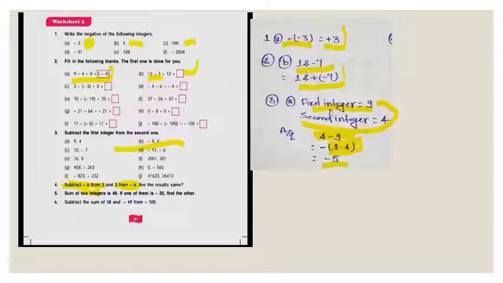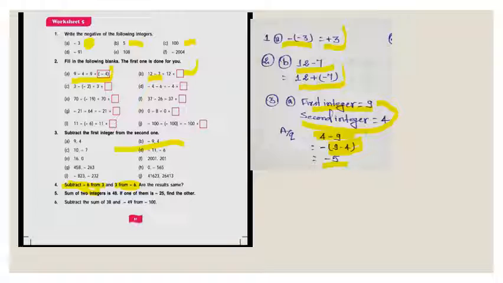And the question is, are the results the same? It means whether the answers in both conditions are the same or not. You have to find the answers of the two conditions given by the question and compare whether they are the same or not.